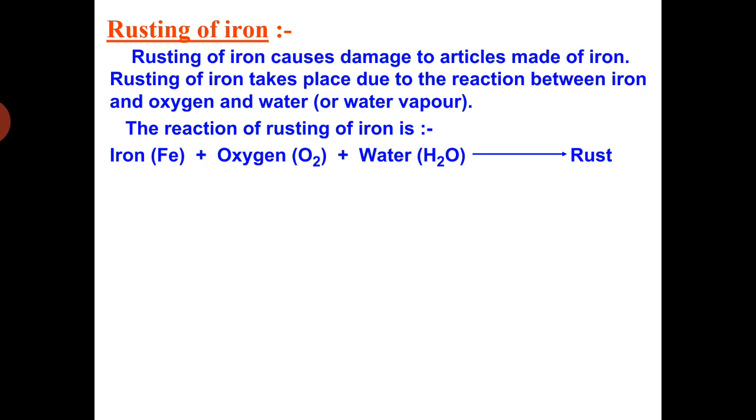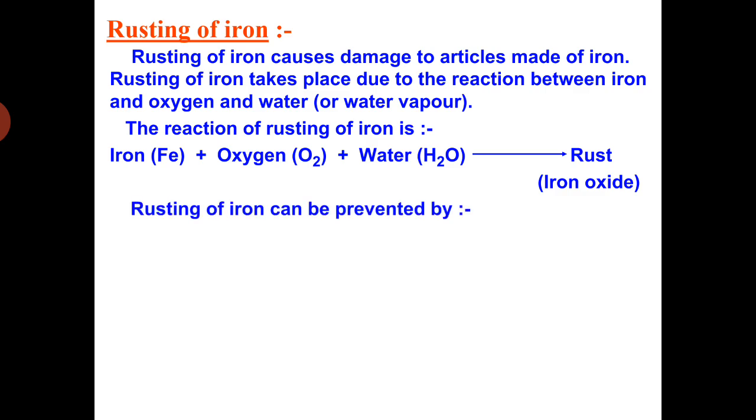These are the reactants. These reactants react, and what is formed? Rust, called iron oxide, Fe2O3.